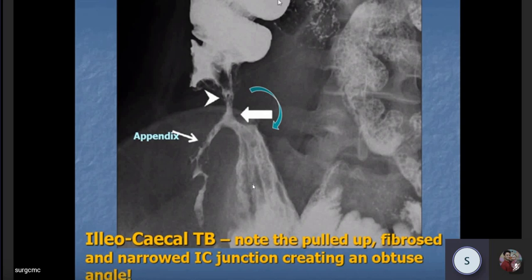The cecum is pulled up and the ileocecal junction is fibrosed and narrowed, and the angle between cecum and ileum has become a wide one. So a distorted appendix, a pulled-up cecum, and widening of the angle between the ileum and cecum is known as ileocecal tuberculosis.